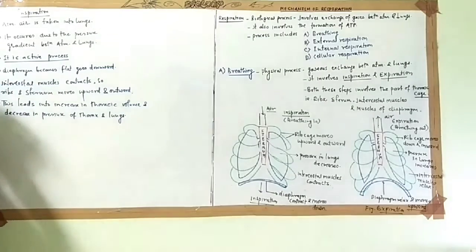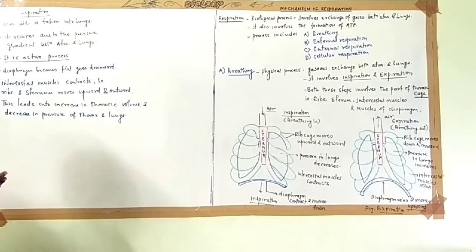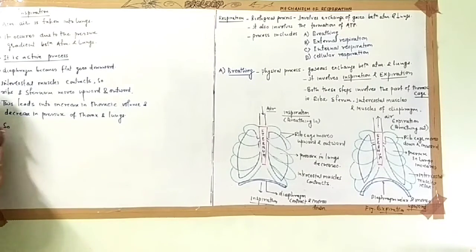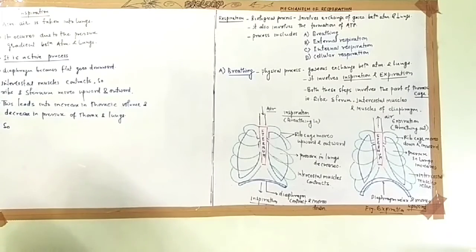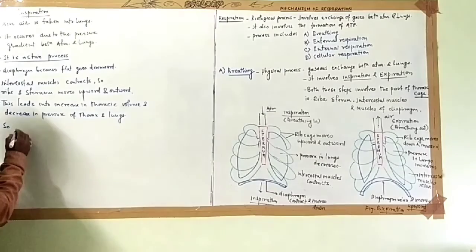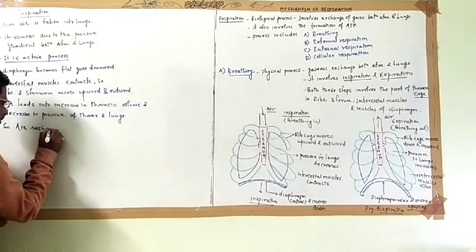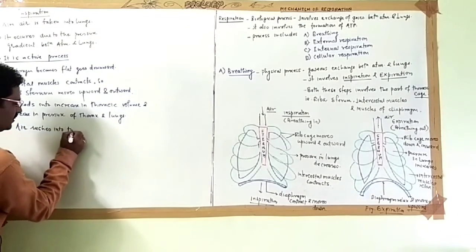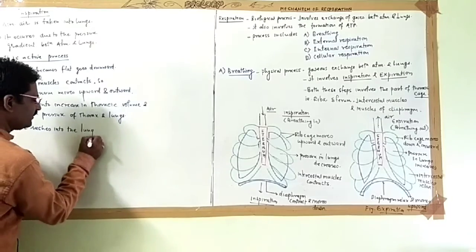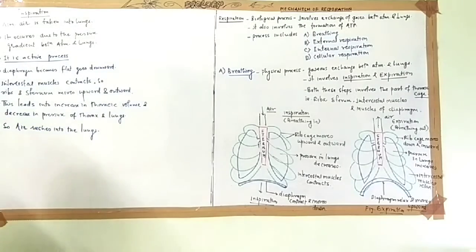Thorax and lungs. म्हणून, so air rushes into the lungs. Okay. This is regarding inspiration. Second one is expiration.